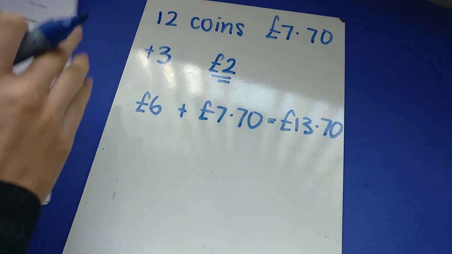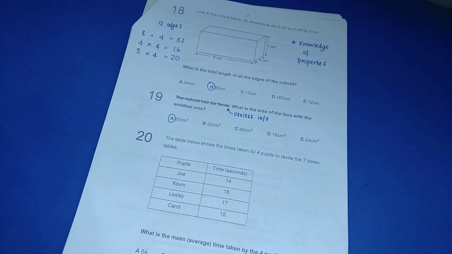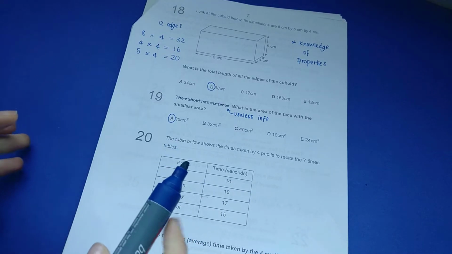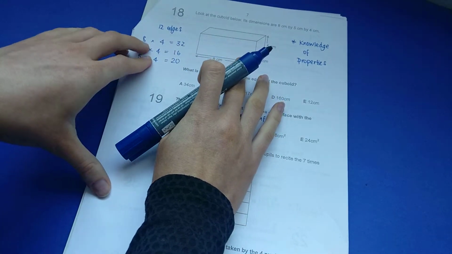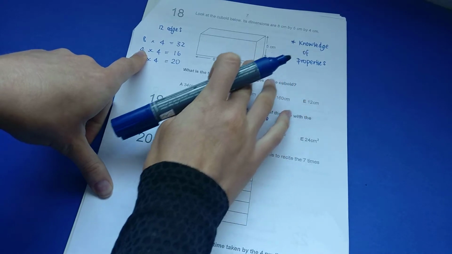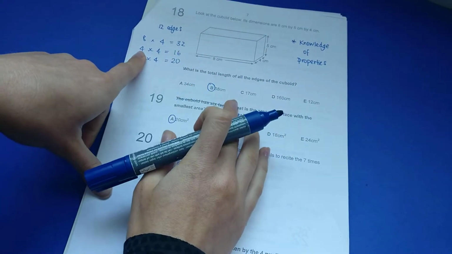Next question is 18. You need to have good knowledge of the properties of cuboids, of all 3D shapes. If you didn't know that it had 12 edges, you would have been able to work it out anyway. You're going to say, right, 8 times 4 is 32. Then this shortest length, we're going to say 4, those 1, 2, 3, 4. 4 times 4 is 16.